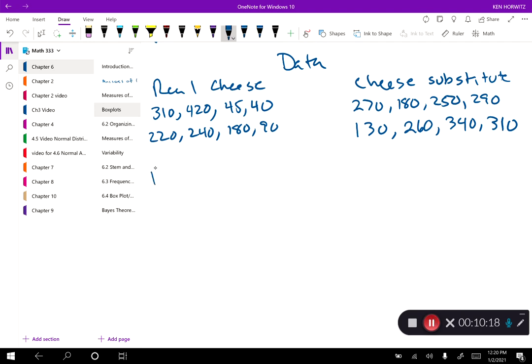The first thing I need is my 5-number summary for real cheese. So why don't you at this point pause the video and do the work to find the 5-number summary, meaning the min, Q1, the median, Q3, and the maximum for real cheese.